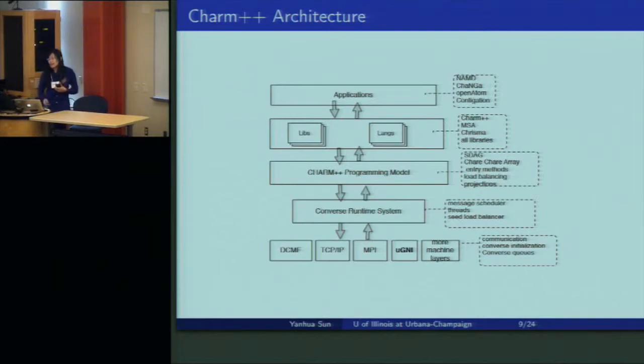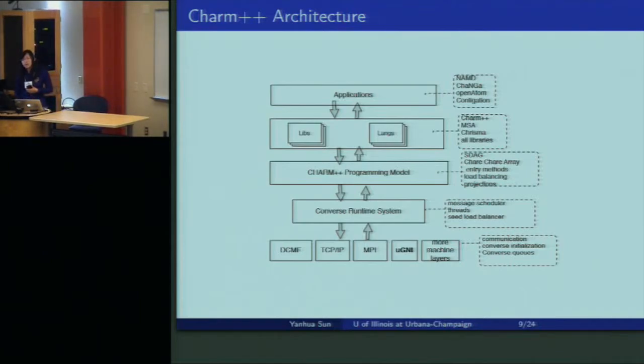Below it is the Converse runtime system. The Converse runtime system is responsible for all the message scheduling and user level thread creation and scheduling. Also, we have the seed load balancer that's mainly used for state space search problems like the UTS benchmark.